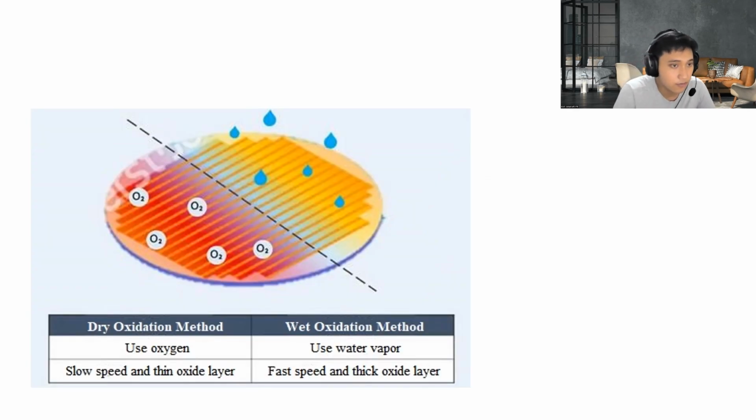Now we have two methods of oxidation: dry and wet oxidation. As you can see in the picture, the dry oxidation method requires oxygen, runs at slow speed, and has a thin oxide layer, while the wet oxidation method uses water vapor, is fast, and has a thick oxide layer.